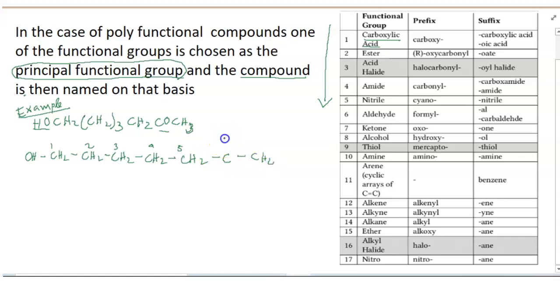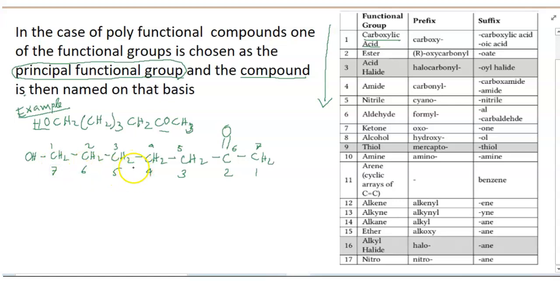It can be written this way, and I can count in the other direction as well: 1 2 3 4 5 6 7.